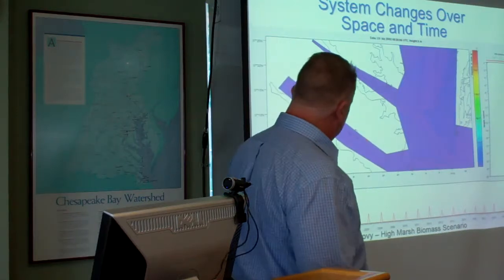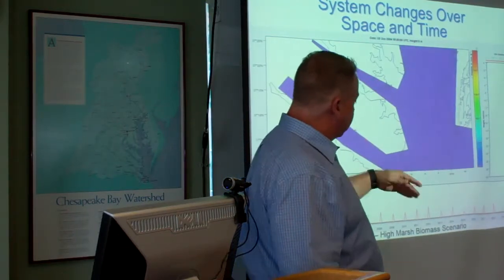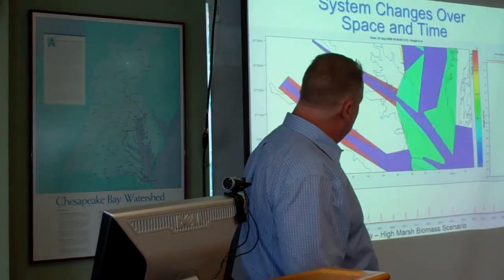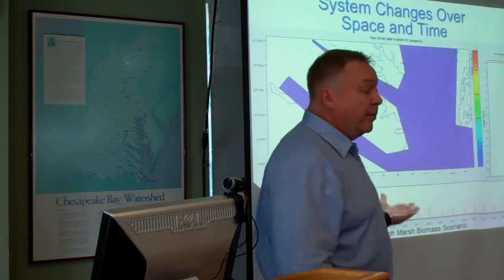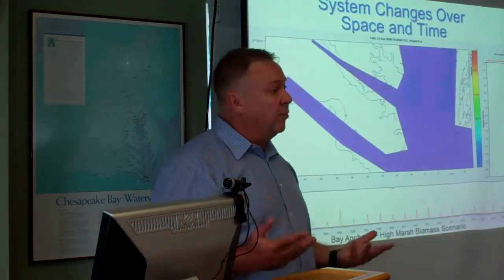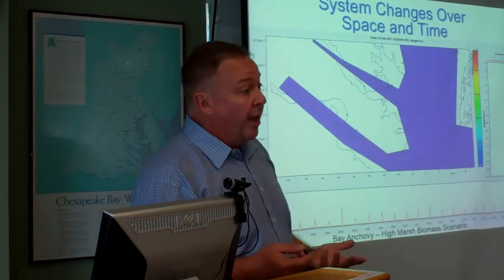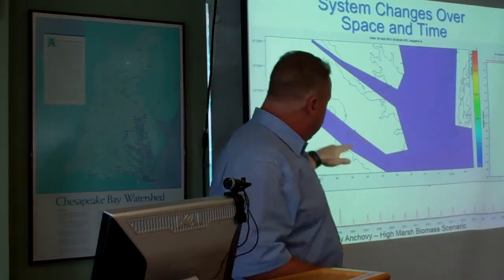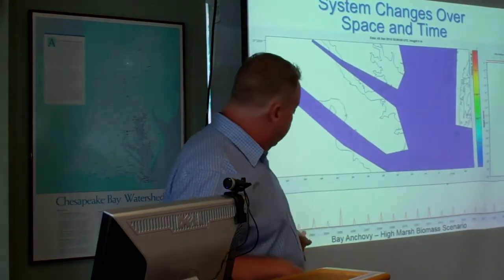Every year, that flash of production, we're looking at this fairly fast frame rate, there's a lot of production of bay anchovy in every one of these cells. It is rapidly consumed, but not to extirpation.